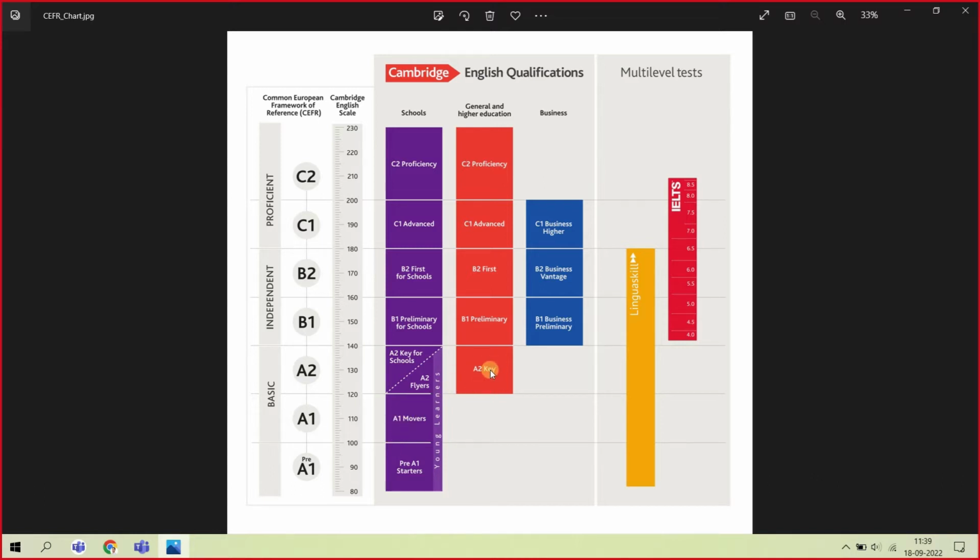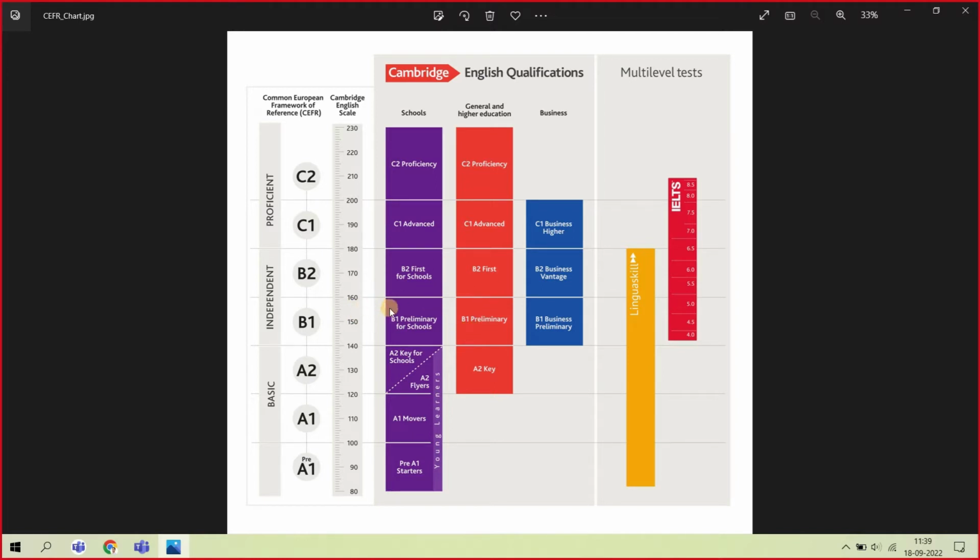Okay, so we have A2 where the higher education institutes start their level, and then comes B. Okay, then B1 and B2. I told you that B1 and B2 is where many college-going students will be. Okay, their level will be at this level.